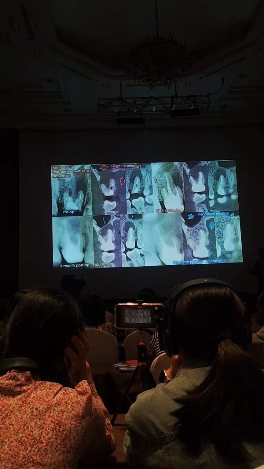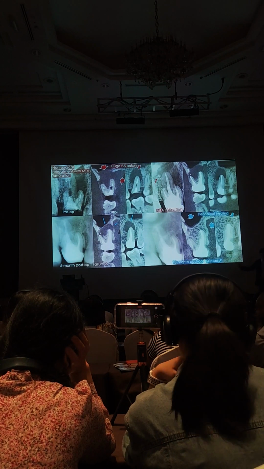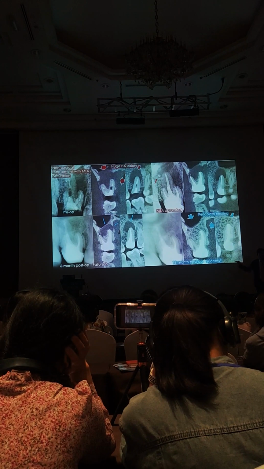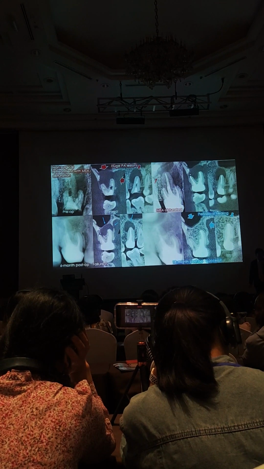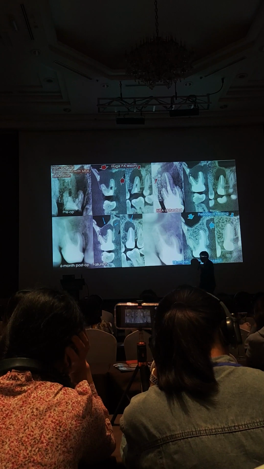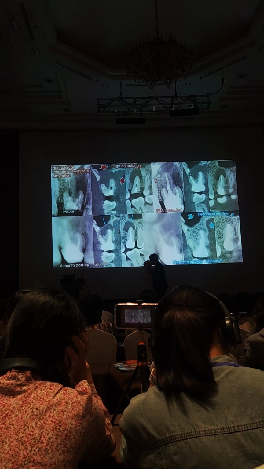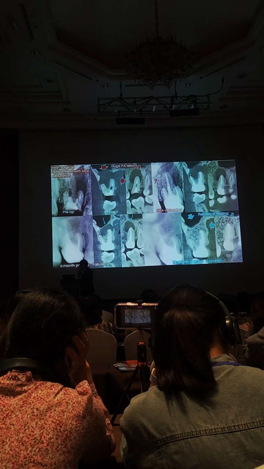So you need to discuss this with the patient. Very, very important. Don't let your patient go to another dentist who will destroy the tooth. Making a diagnosis followed by the treatment planning is the most important in successful endodontic treatment.